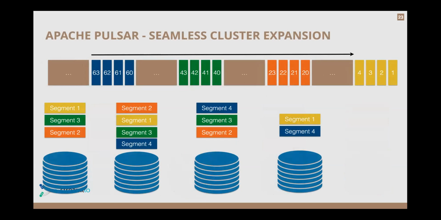This also allows for seamless cluster expansion. In other messaging systems, such as Kafka, you're limited to the number of disks. So if you wanted to add an additional node to a Kafka cluster, not only do you have to add that node to the cluster, but you then have to repartition that particular topic and say, okay, I used to have three partitions, now I need to have four.